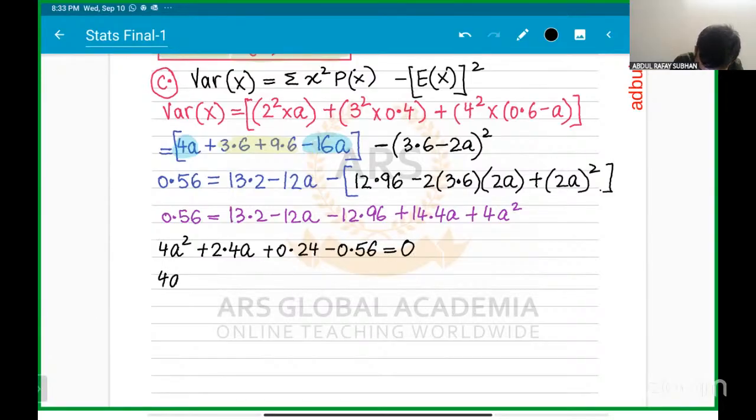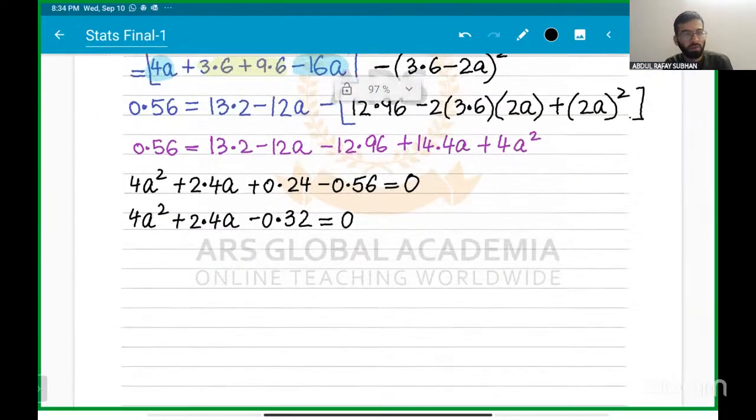So I got 4a square plus 2.4a, 0.24 minus 0.56, negative 0.32 is equal to 0.